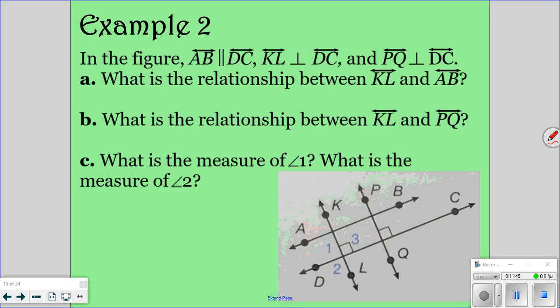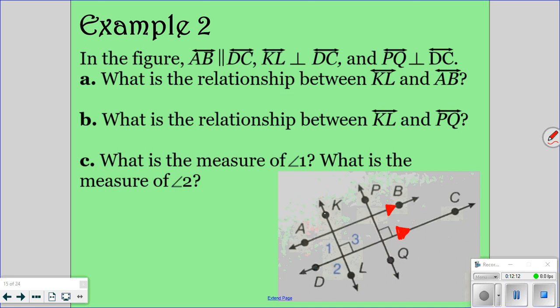All right, so let's look at this example. In the figure, line AB is parallel to DC. So the way that I can note that on my figure is to put a little arrow here on line AB and do the same thing on line DC. And so if you ever see those little arrows, that means that the two lines are parallel.